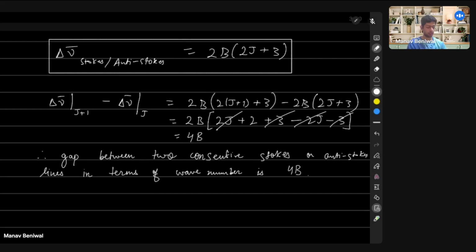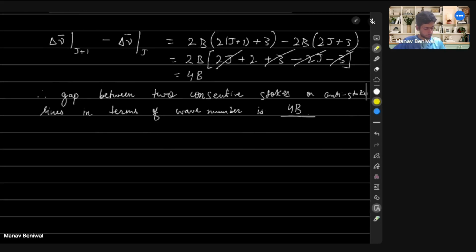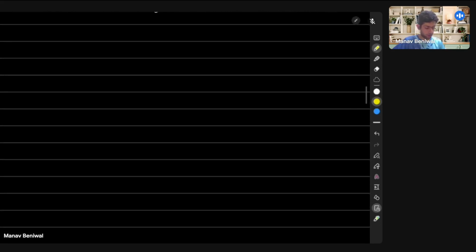Therefore we can get the separation between 2 consecutive lines. For 2 consecutive it will be J plus 1 and J, or J and J minus 1, doesn't really matter, and this comes out to be 4B in terms of wave number. Great. So let's solve the next one, which is question 5.